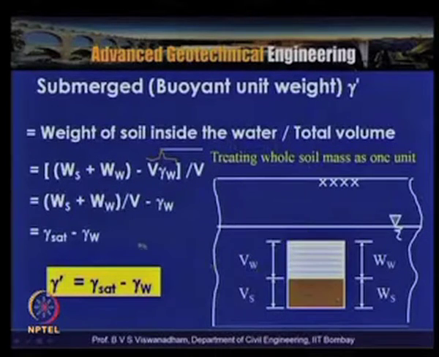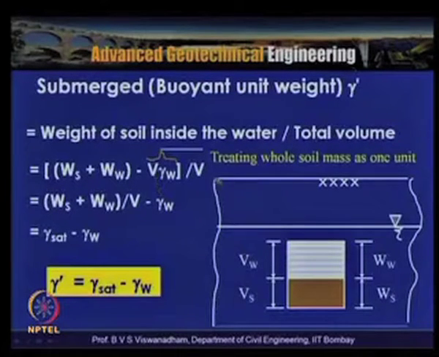This can be written as weight of solids plus weight of water minus V gamma w, since that much volume of water is displaced, treating the whole soil mass as one unit. We can write it as Ws plus Ww minus V gamma w, all divided by V. This can be written as Ws plus Ww by V minus gamma w.